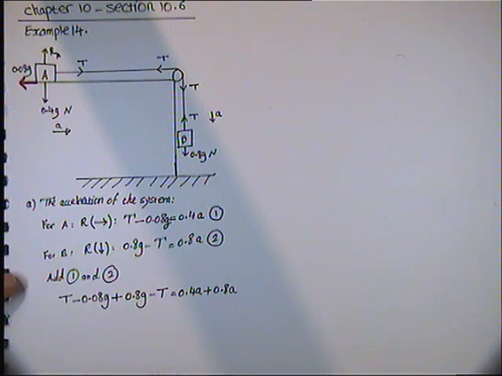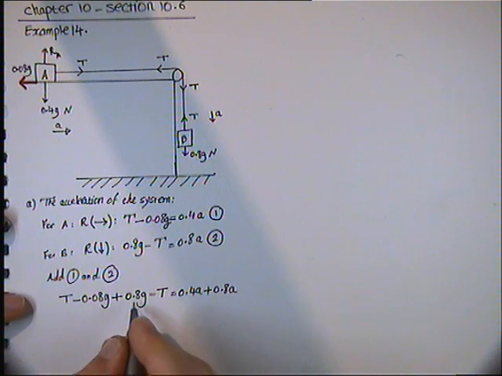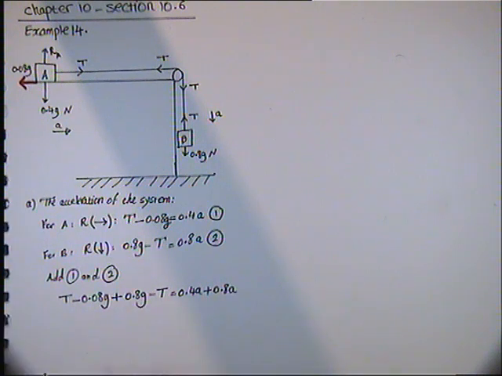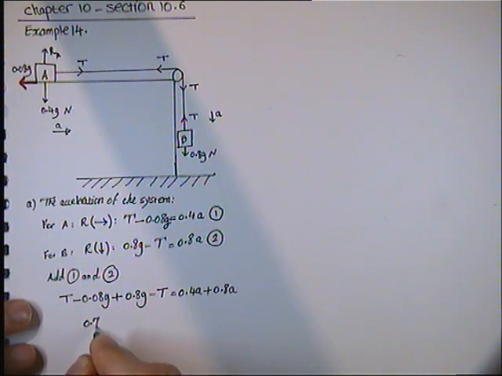We know from pure maths, if a equals b and c equals d, then a plus c equals b plus d. That is what we did here. T minus T is 0. 0.8g minus 0.08g would be 0.72g, which equals 1.2a.